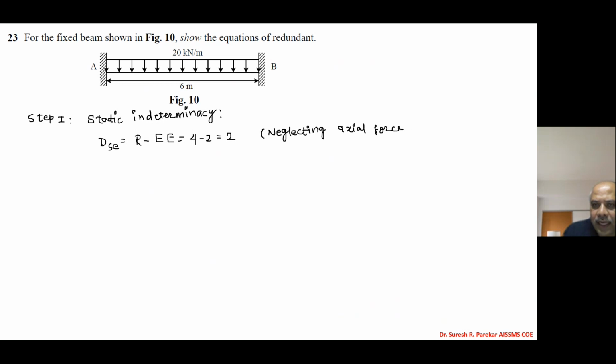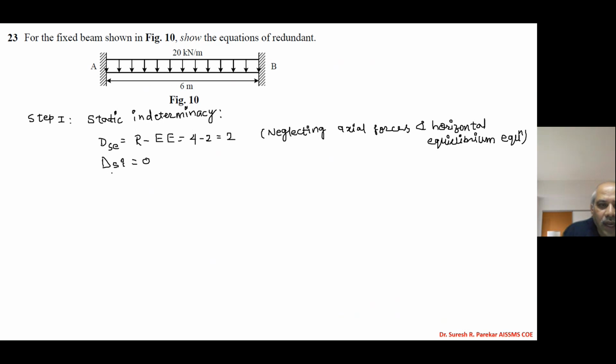And as we are neglecting axial forces, horizontal forces are not considered, so you have to also neglect the horizontal equilibrium equation, and therefore we have two equations only, that is Fy equal to 0 and moment equal to 0.